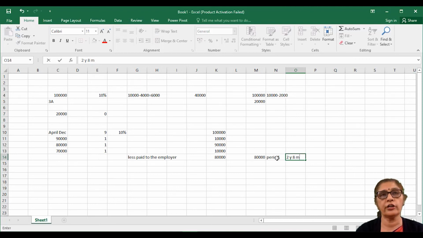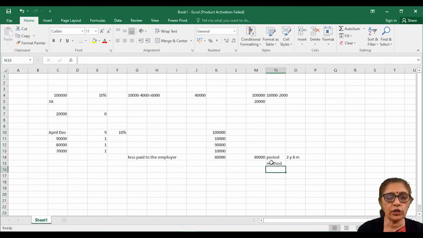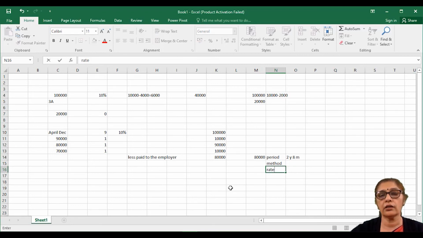So we ignore the period of 8 months. And second thing that we need to know is the method of depreciation. For certain assets it is written down value, for other assets it is straight line method. And third thing that you have to be careful about is the rate of depreciation. It could be 50, 20, 10.